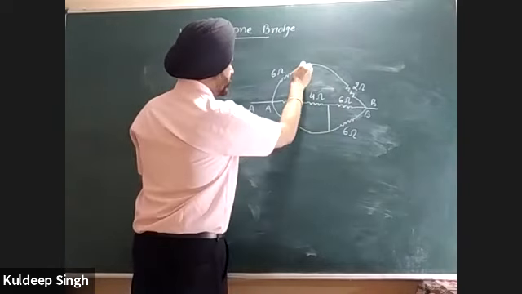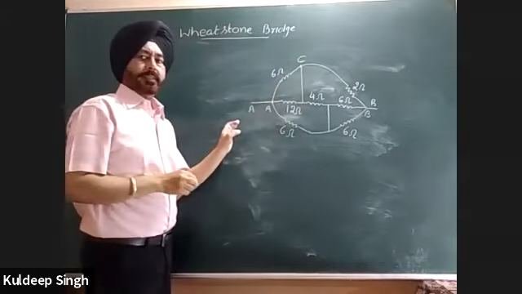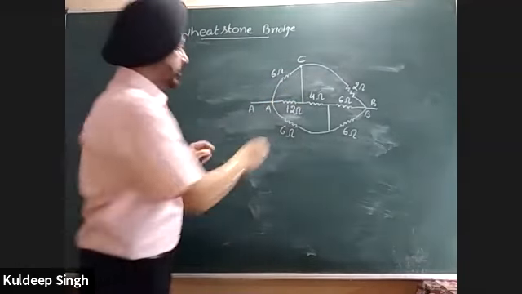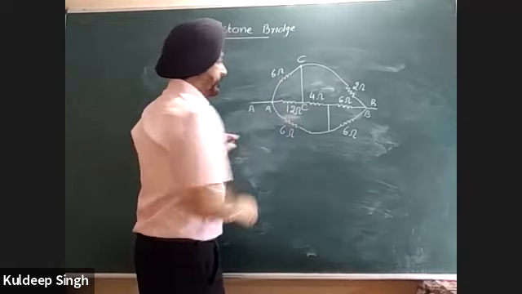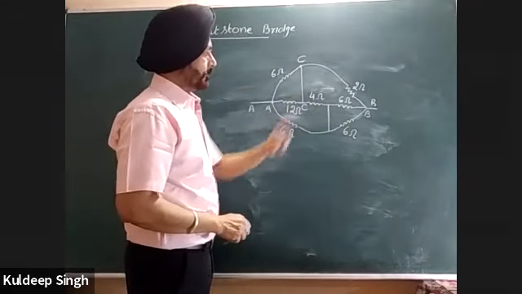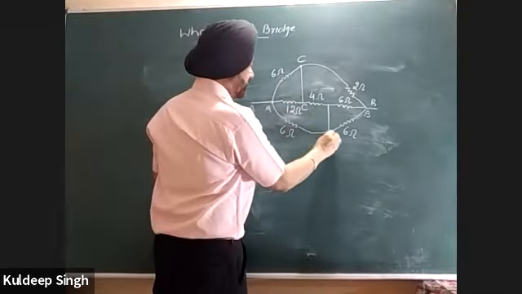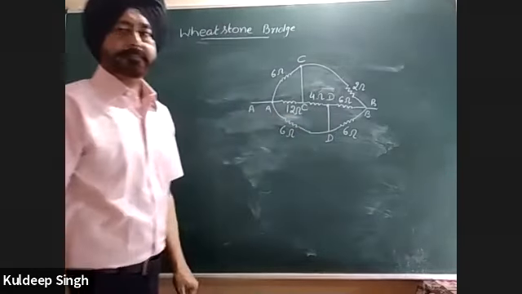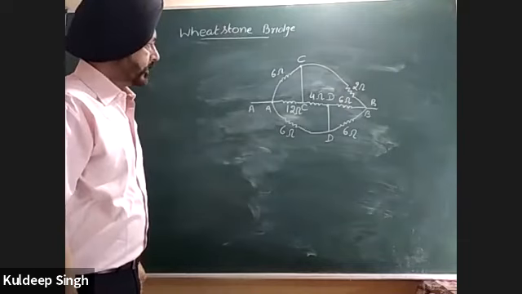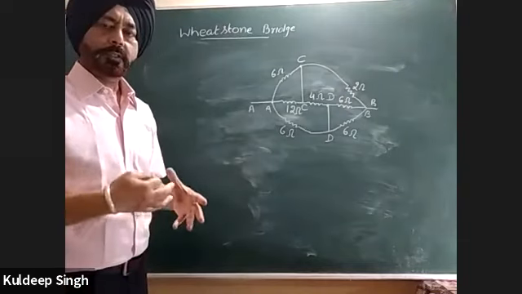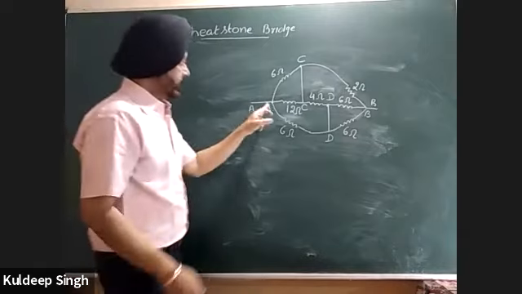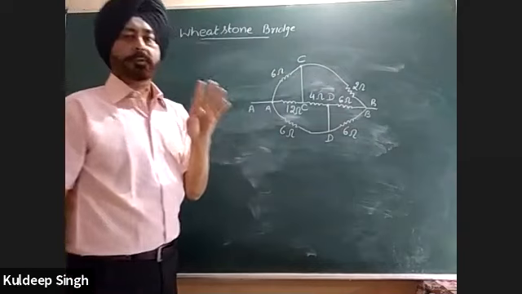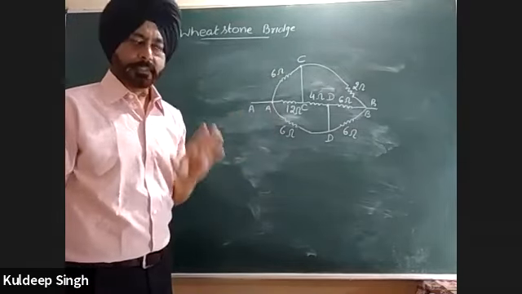If I imagine this point as C, because the copper wire is connected, this point is also C. Similarly here, if this point is D, then this will be D. So how many are the total different points? A, B, C, and D. There are only 4 points to which all these resistances are connected.